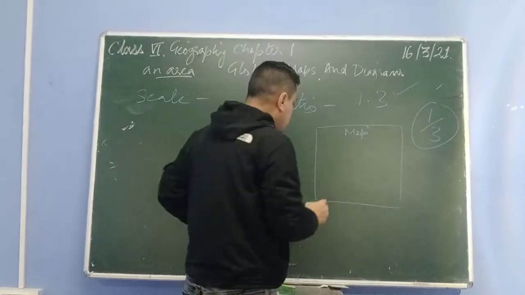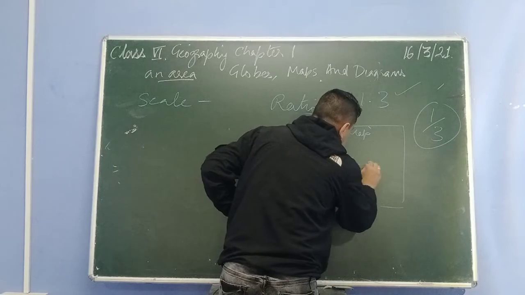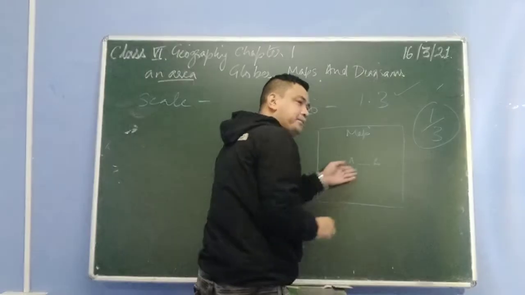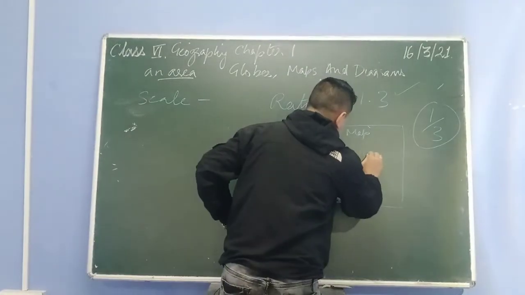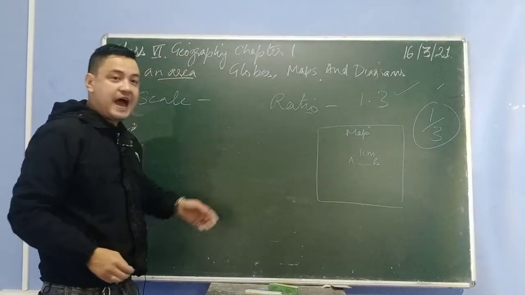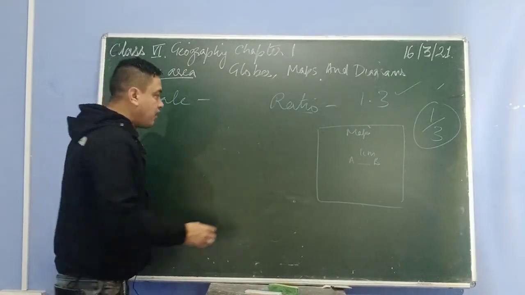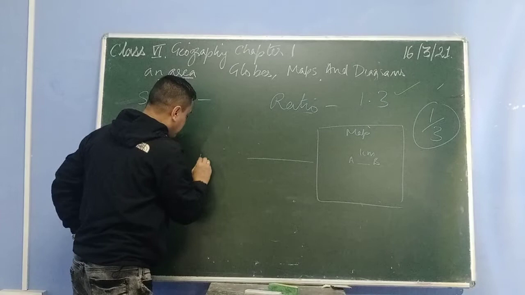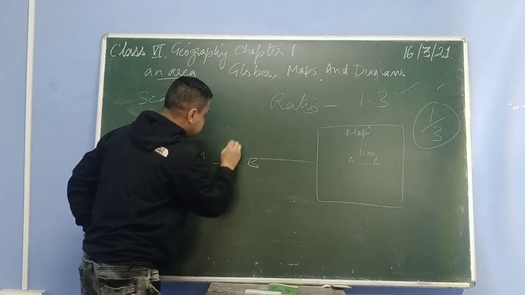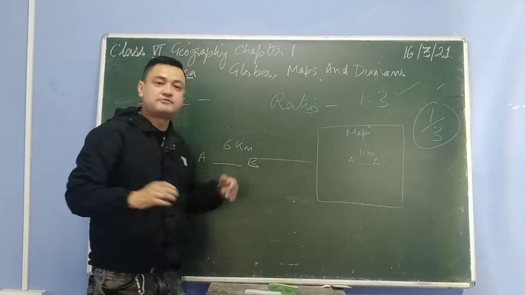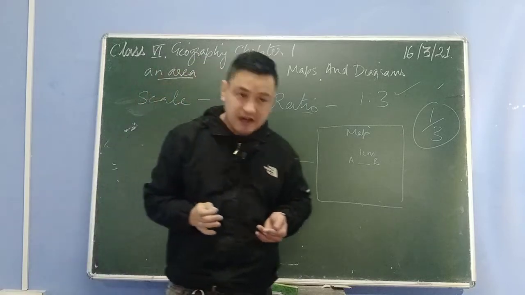In a map, the distance between the 2 points, A and B, is 1 centimeter. But the actual distance outside the map from A to B might be 6 kilometers, which I have taught you in the previous class.